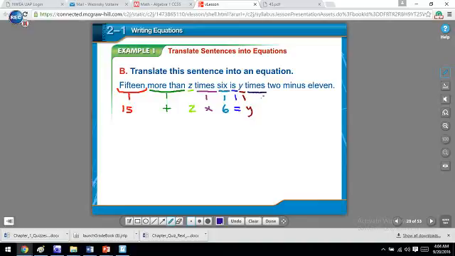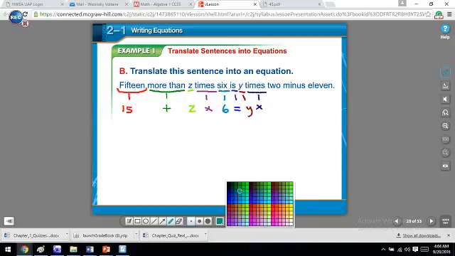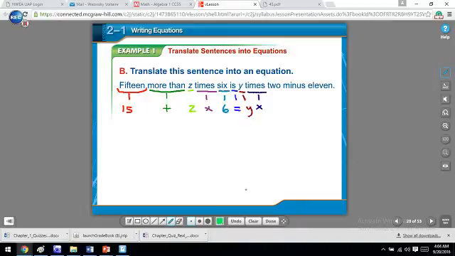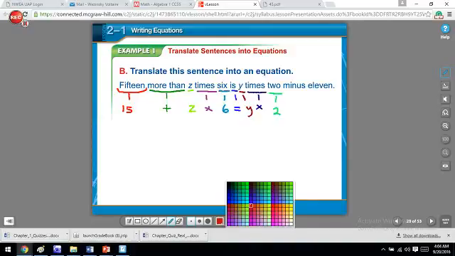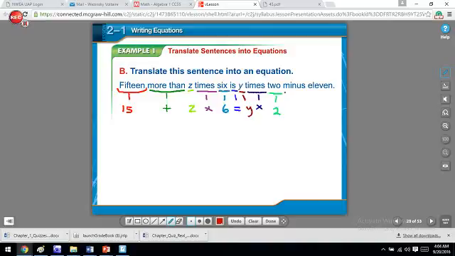So times, once again, and of course we'll write 2 minus 11.